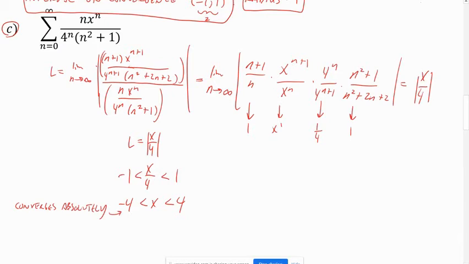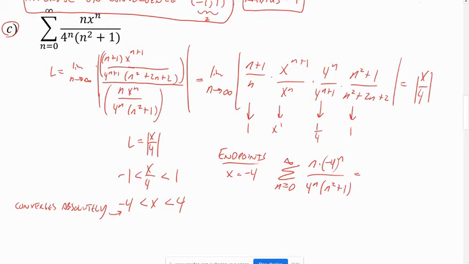Okay, so now we need to test the endpoints. When x equals -4, our sum becomes n times -4 to the n over 4 to the n squared plus 1.